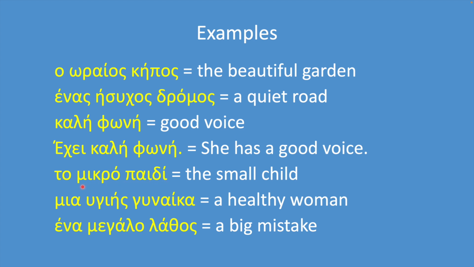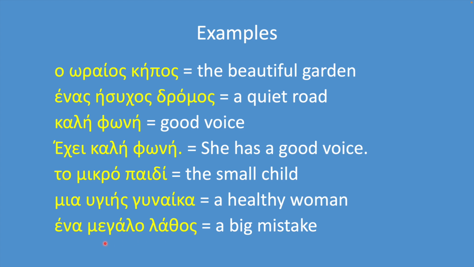Παιδί ends in iota, the adjective ends in omicron. Μια υγιής γυναίκα. The noun γυναίκα ends in alpha, but the adjective ends in is. Ένα μεγάλο λάθος.